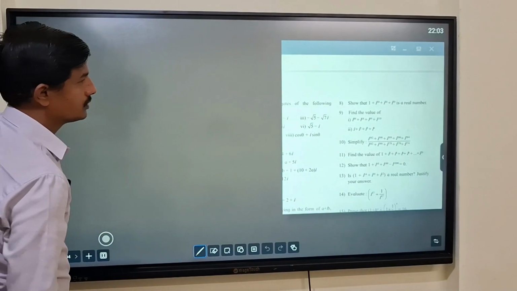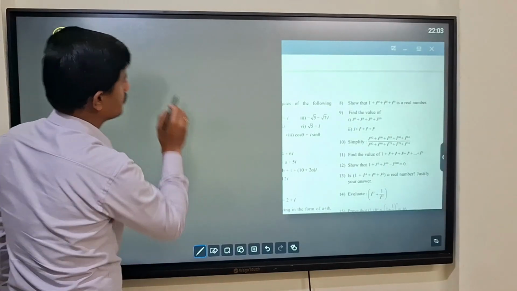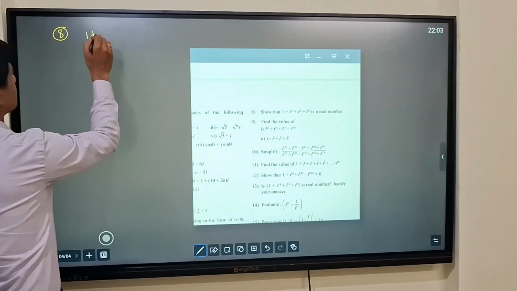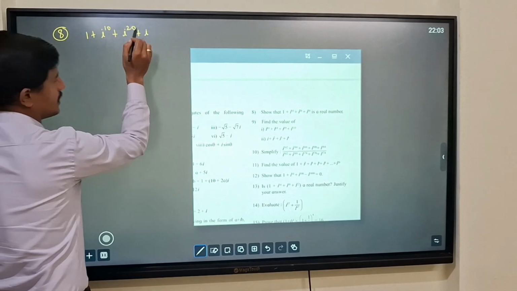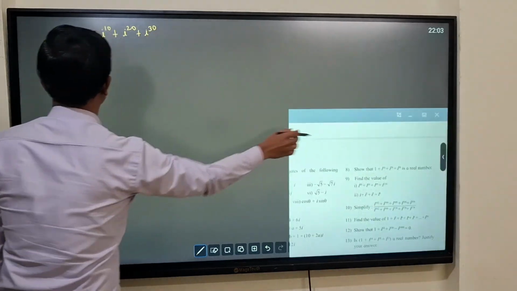Now, show that 1 plus i raised to 10 plus i raised to 20 plus i raised to 30 is a real number.